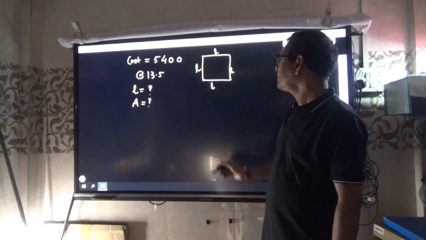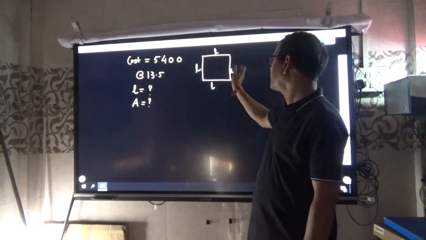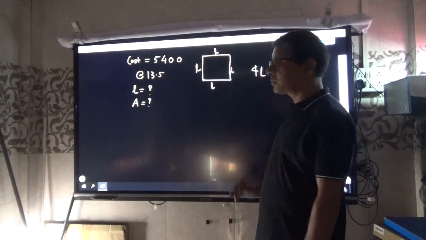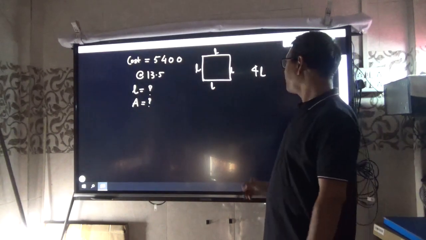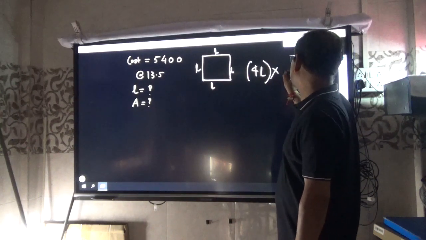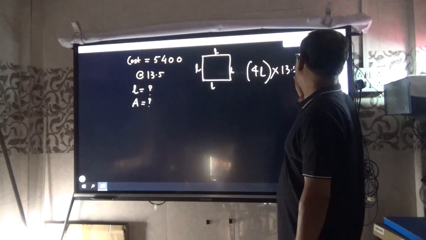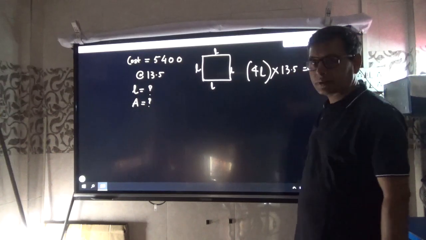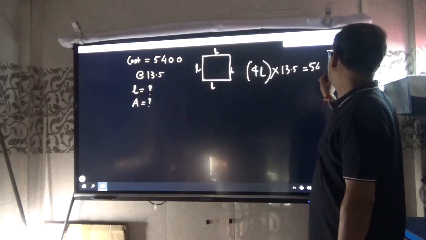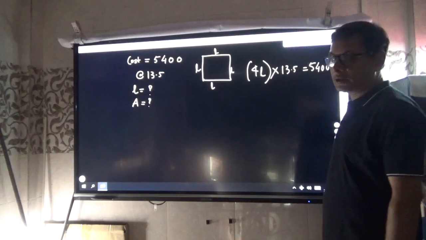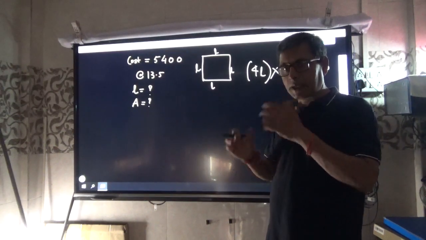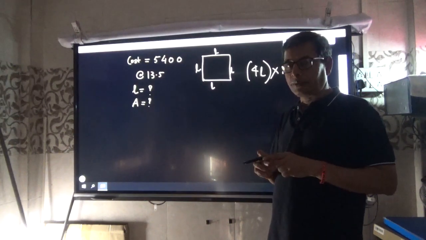So what is the perimeter of this? What is the total fencing length? 4 times L. This is the total length. Per meter it costs me 13.5. This is the total amount spent, 5,400. Understood now? I found out the entire length of the fencing, the entire length of the perimeter.